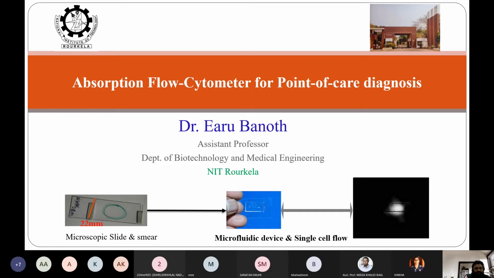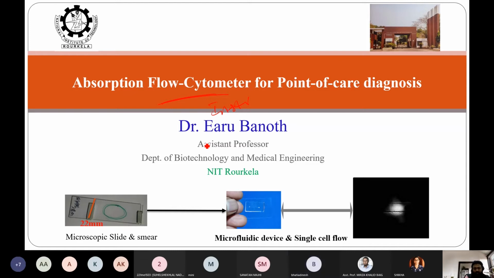Based on that, I started working on this area, and my thesis title is more or less the same: absorption flow cytometry for point of care diagnosis. Basically, flow cytometer means a single instrument, right? But we have introduced single cell based analysis, which mostly works on absorption.